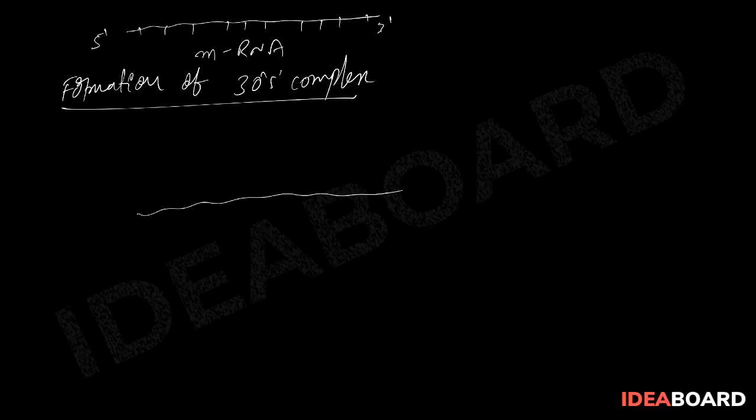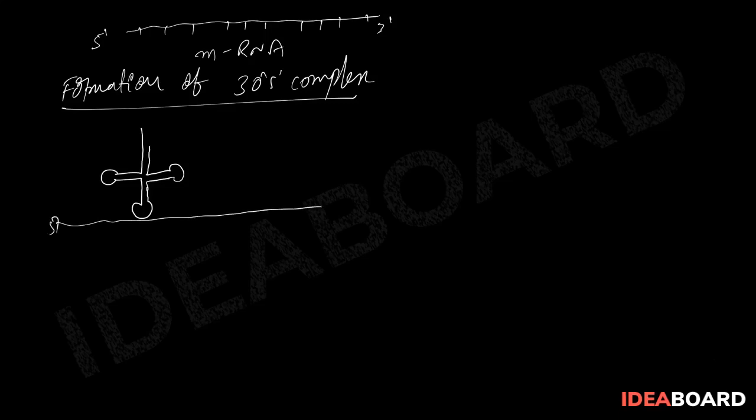In this, the ribosome is associated with mRNA and initially AUG is present, so the first tRNA is formyl methionine tRNA, which directly enters into the formation of the 30S complex on the 5 prime 3 prime mRNA.